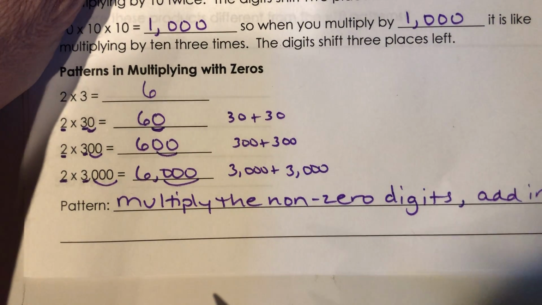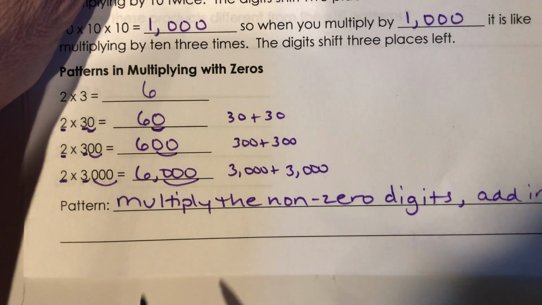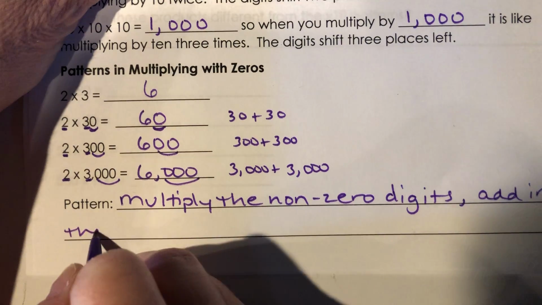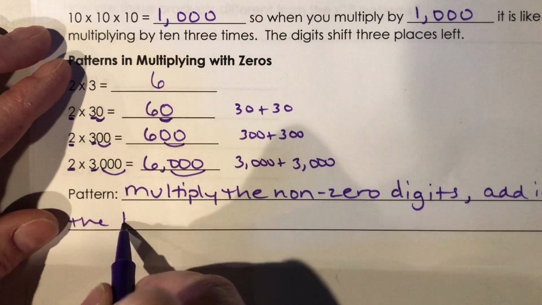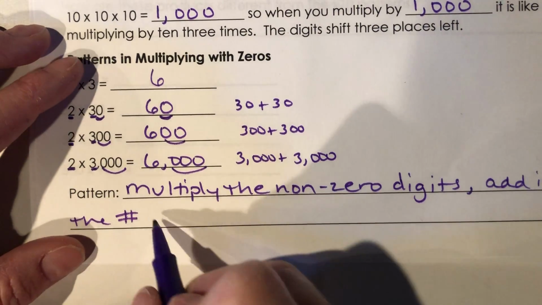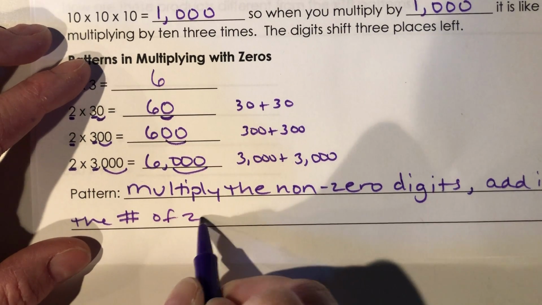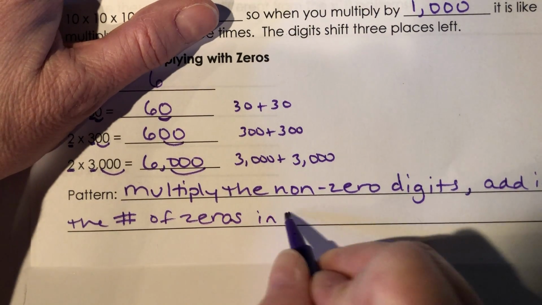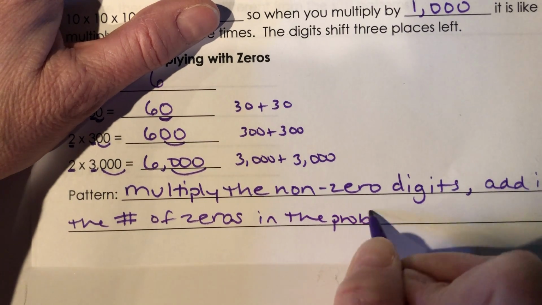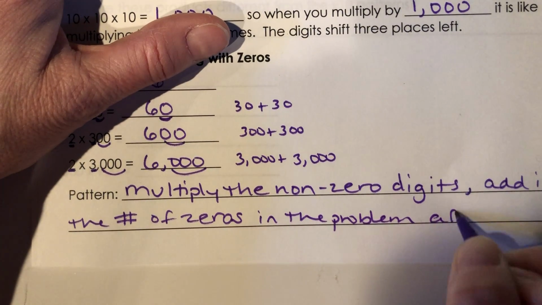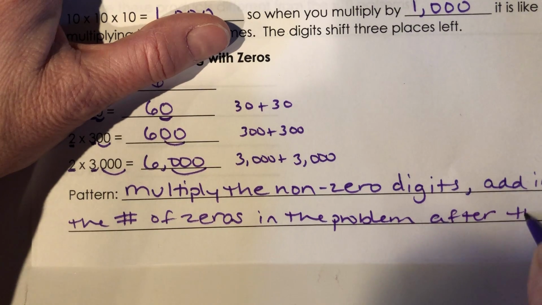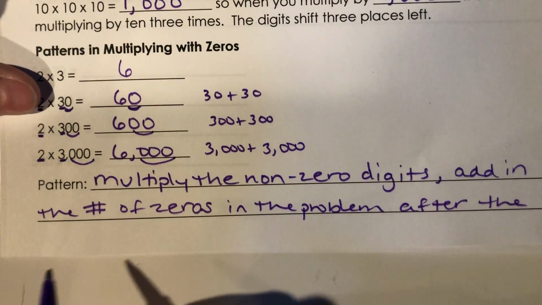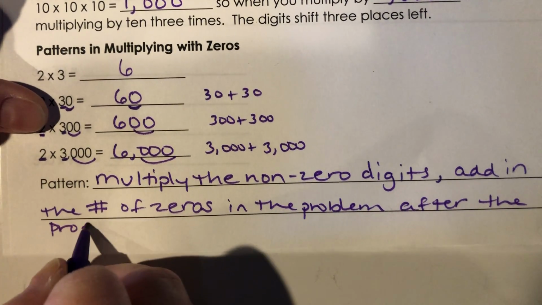And then you add in the number of zeros in the problem after the product. I'm going to use a number sign. You call it a hashtag, I call it a number. Add in the number of zeros in the problem after the product, meaning the product you just got.